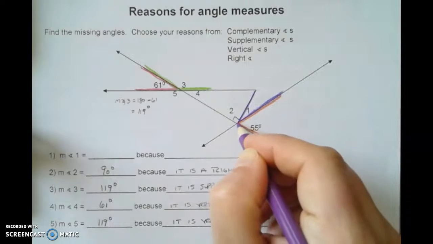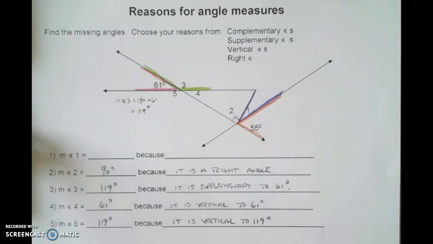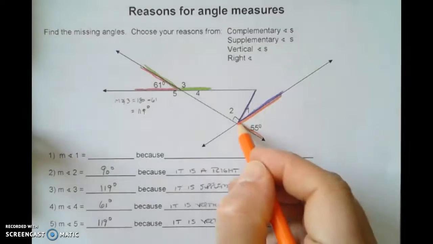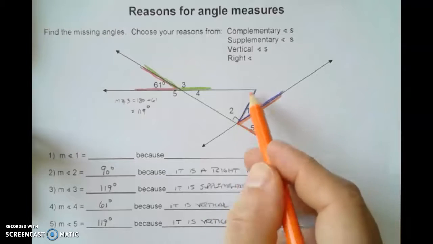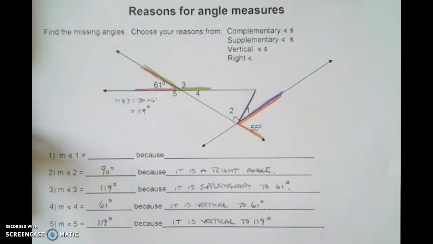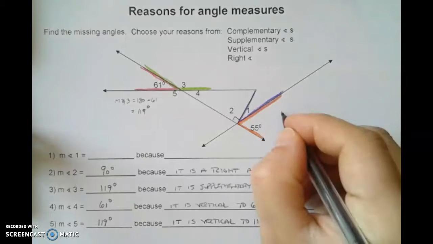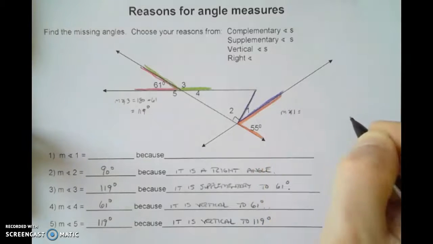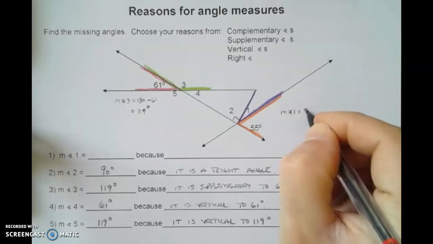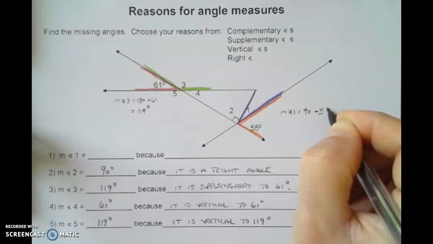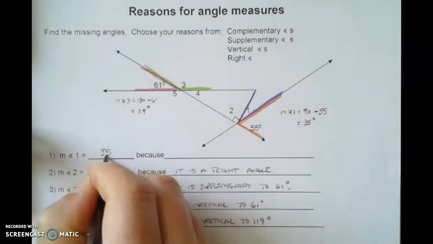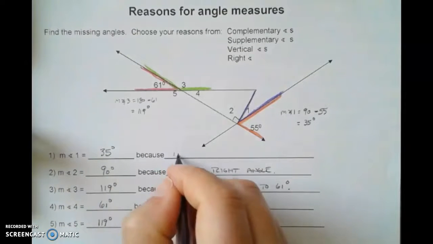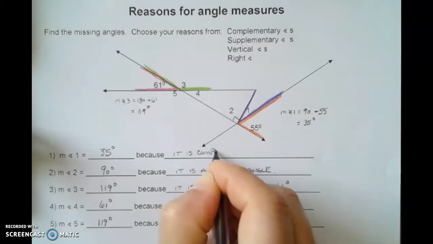And at the same intersecting point is the 55-degree angle, which I've traced with my orange colored pencil. Okay, and looking at these two angles, if you notice right here, they have formed a right angle, which means that they're complementary angles. So to get the measure of angle 1, complementary angles add up to 90. All I have to do is take 90 and subtract off 55, which means that angle 1 must be a 35-degree angle. Angle 1 is 35 degrees because it is complementary to 55 degrees.